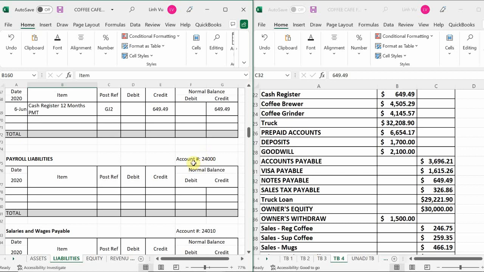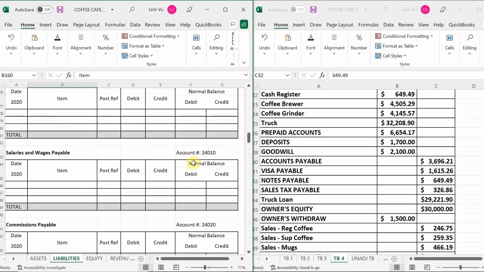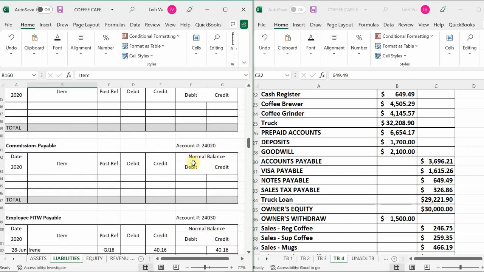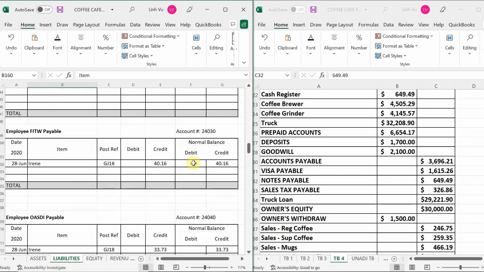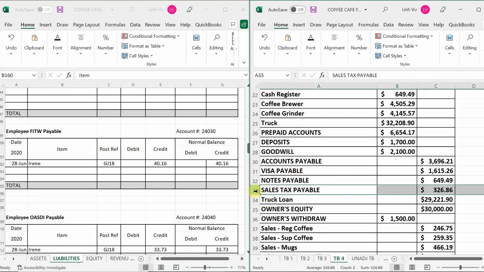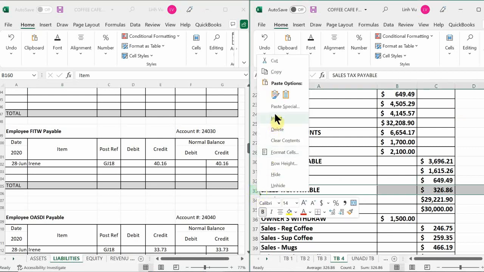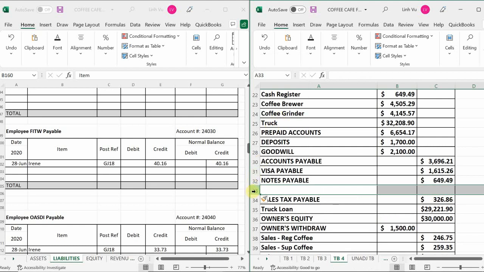Now I'm going to be moving on to my payroll liabilities. So, in this case, salaries and wages payable, nothing there. Commissions payable, nothing there. And here's my first one, employee FITW payable. In this case, this is where I need to insert a lot of my accounts, because I just ran my payroll, so I have a lot of liabilities that I've just encountered.